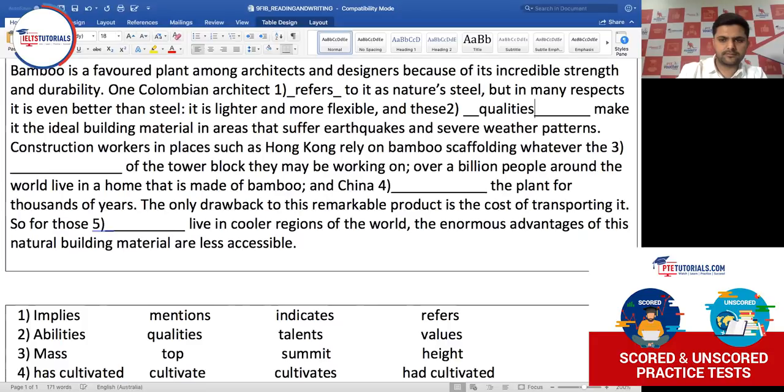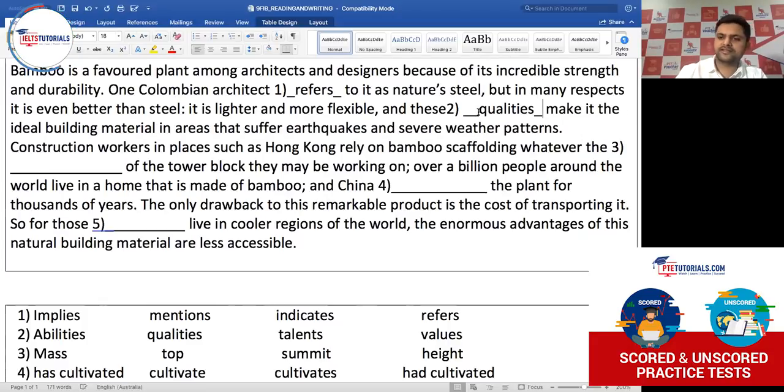So remember, friends, that in this type of fill in the blanks, you will always have to get the answer from the surrounding text. You'll have to look at the surrounding words and see which word is trying to refer to what information. The word these refers to this information. So you need to write down the exact word as the answer, and the exact word here is qualities.